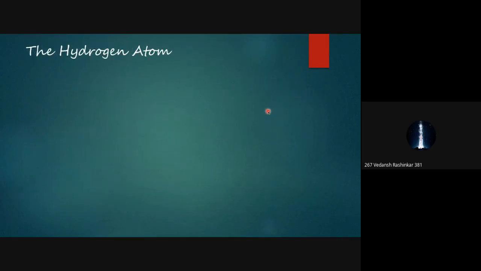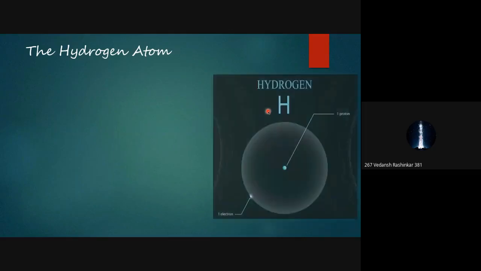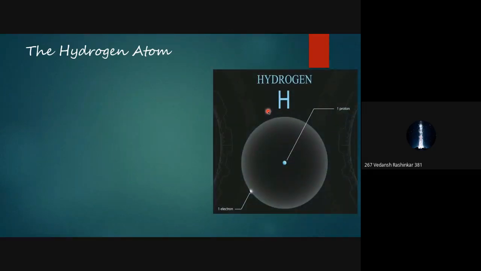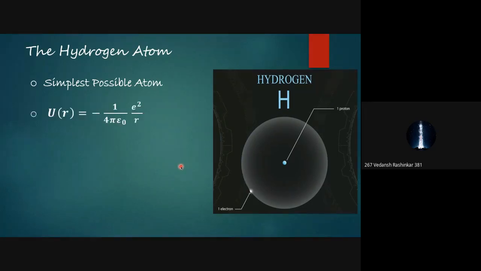Next, why did we choose the hydrogen atom? Since the hydrogen atom contains one electron and one proton, it is the simplest possible atom to study. The electron experiences Coulomb interaction forces, and the potential energy of the electron is expressed as U of r, as shown in the equation.